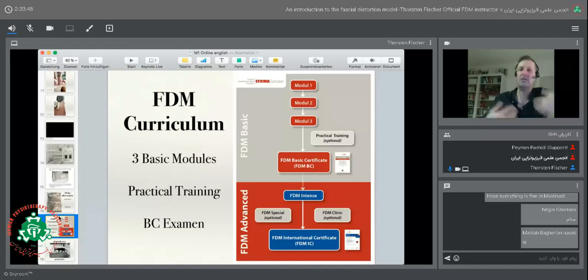And then we mostly have a basic certificate where you get 25 questions, a theoretical and practical exam, and if you pass it, you get a basic exam certificate. Yeah, this is the official way to go.